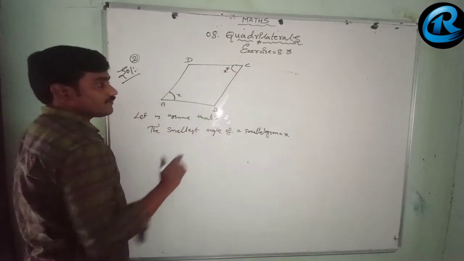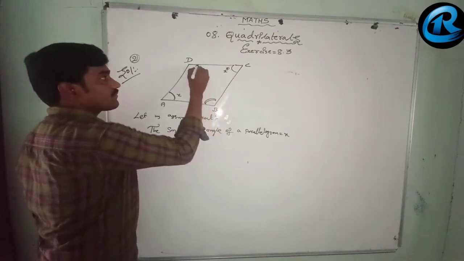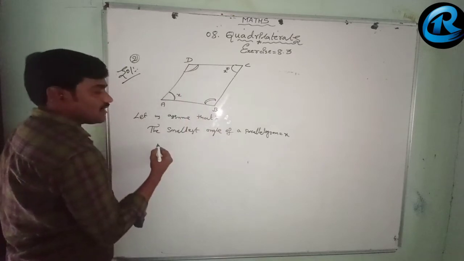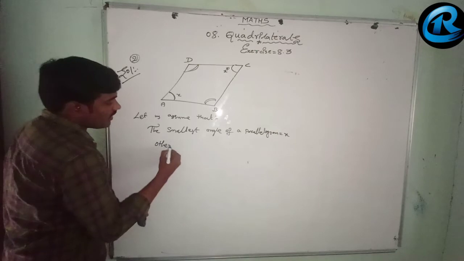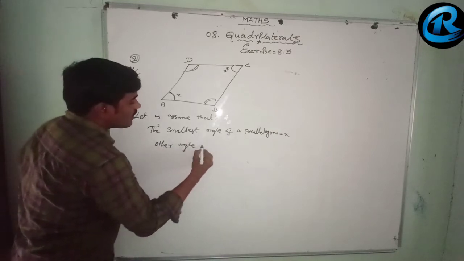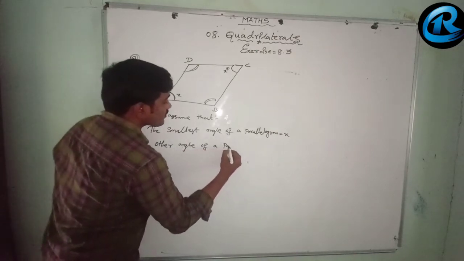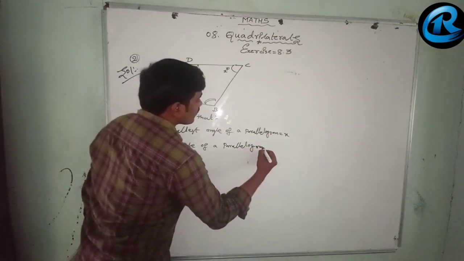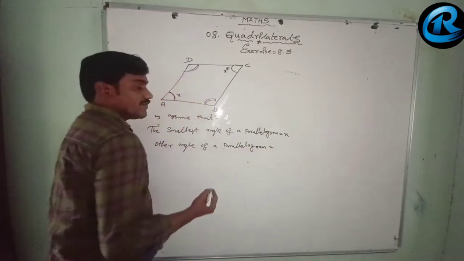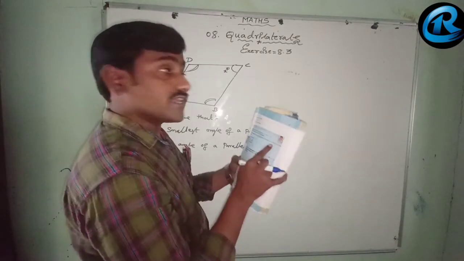Then the other angle of the parallelogram will be 24 degrees less.